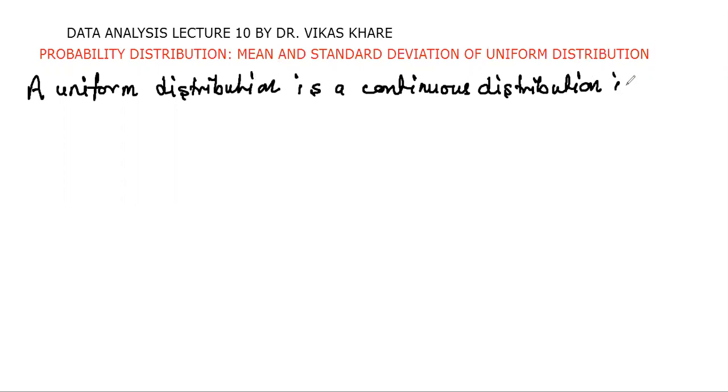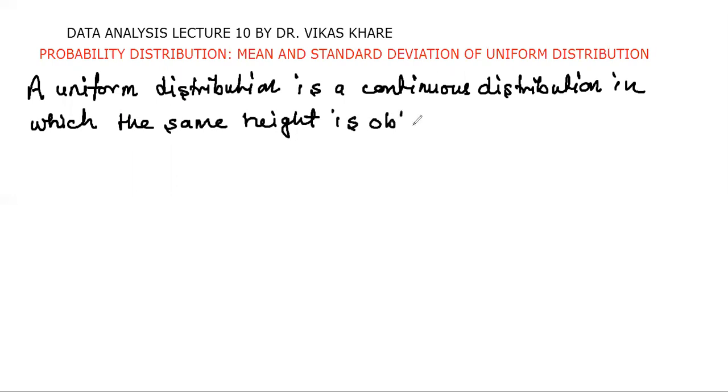A uniform distribution is a continuous distribution in which the same height is obtained over a range of values.